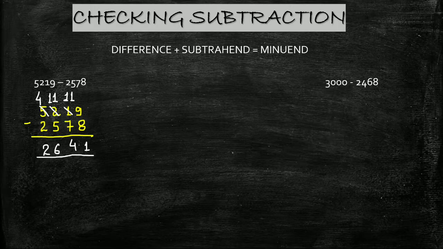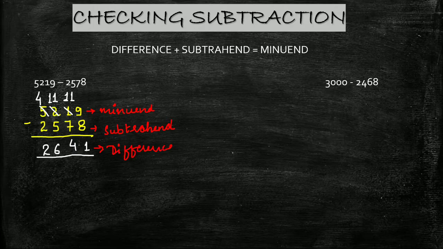Now we know that the number from which we have to subtract is called the minuend. The number to be subtracted is the subtrahend, and the number which we get after subtraction is the difference.